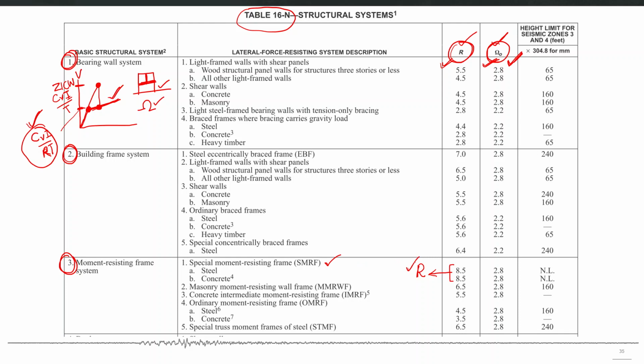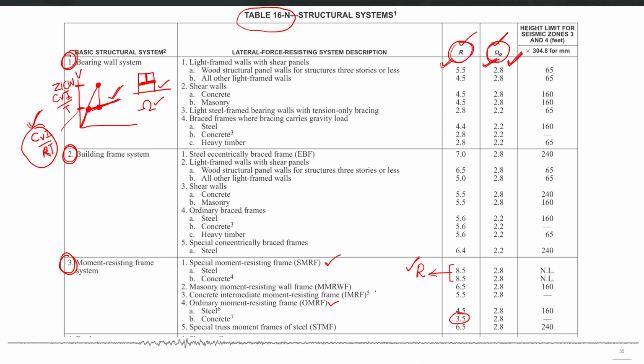very high R value. So the underlying idea is that if you don't pay too much attention to the detailing requirements and the confinement of your concrete in your elements, then you will be going for this ordinary moment resisting frame, and the R value corresponding to that will be low. So in that case, you will be designing for higher values of design base shear, which means that you will be having more reinforcement and more cross section sizes, and this cost is basically the cost of not making your structure ductile.